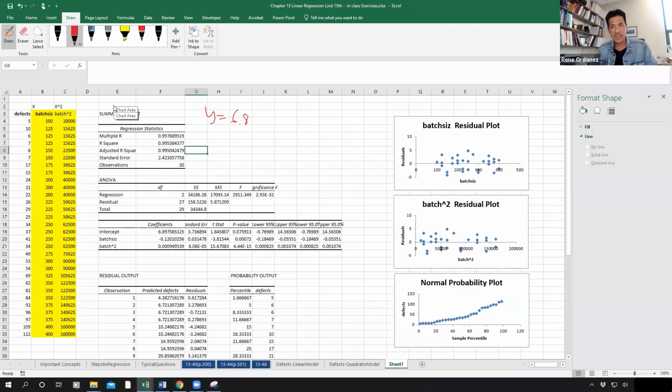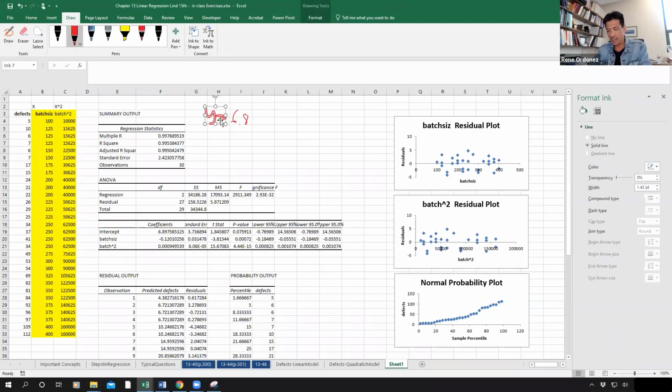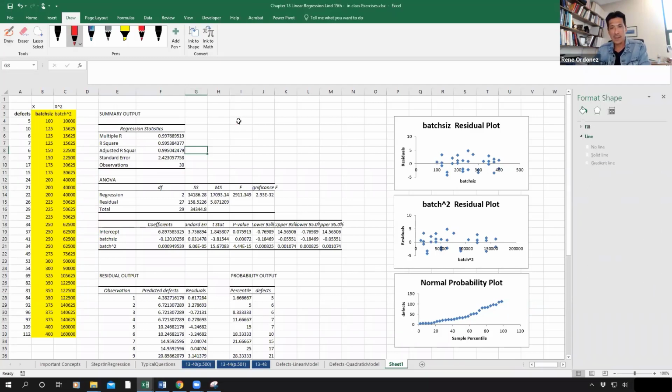Let me just type this up. It's probably easier that way. So we will say defects, that's Y, is equal to 6.897. That's the Y-intercept.